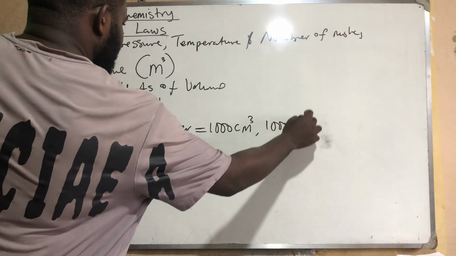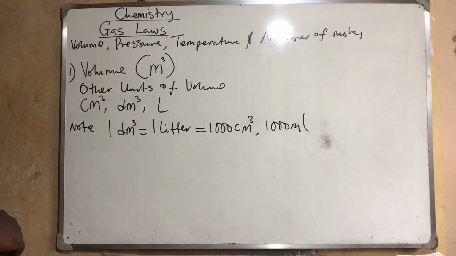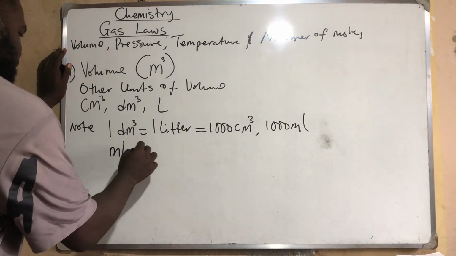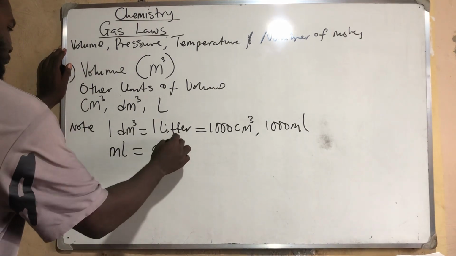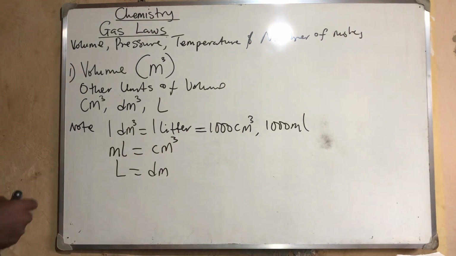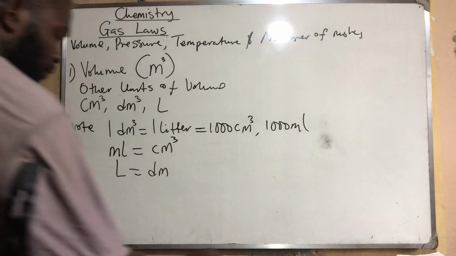Note that milliliter is equal to cm cube, while liter is equal to dm cube. That is it for volume.